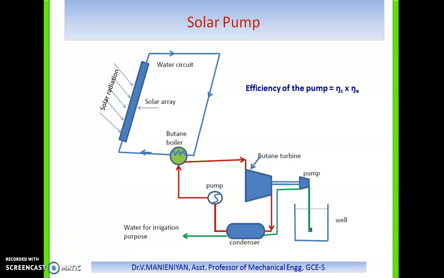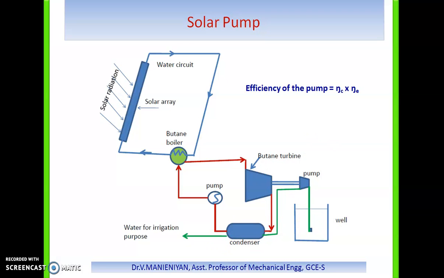The fluid is then re-injected into the boiler in a closed cycle. The expansion engine is coupled with the pump, and could be coupled like an electrical generator. The pump sucks water from the well level and sends it for irrigation or agriculture purposes.